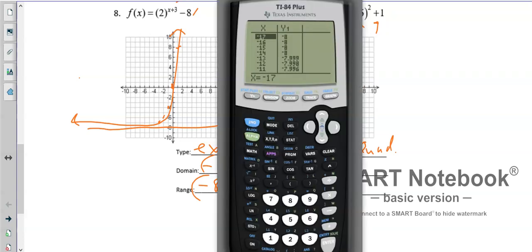So we go to our calculator, y equals, clear it out, and we put 2 parentheses x minus 6, close parentheses, square it, plus 1. And you can see 6, 1 is going to be our vertex.